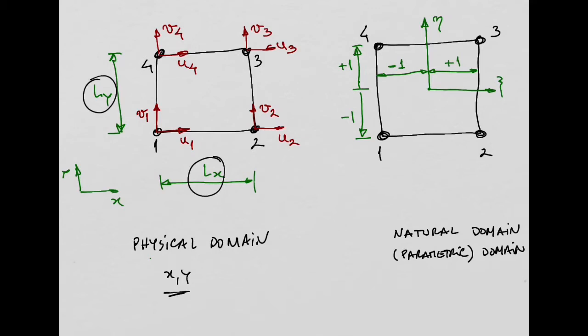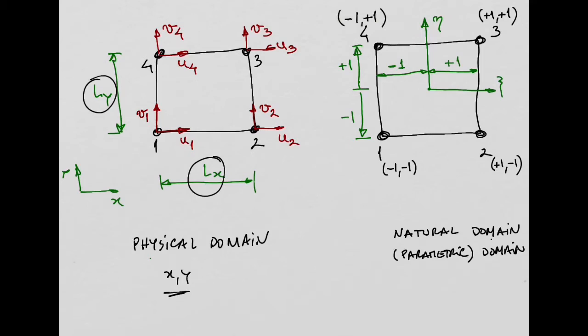So you can say the coordinates of node 1 in this coordinate system xi eta are -1, -1. Node 2 is going to be +1, -1. Node 3 is going to be +1, +1. And node 4, the coordinates are going to be -1, +1. Okay?